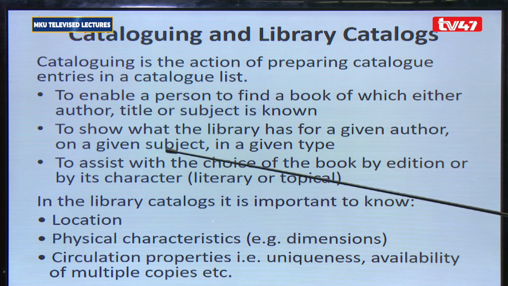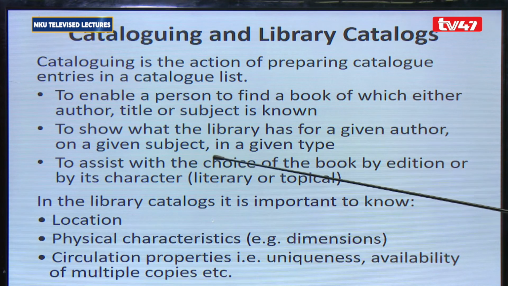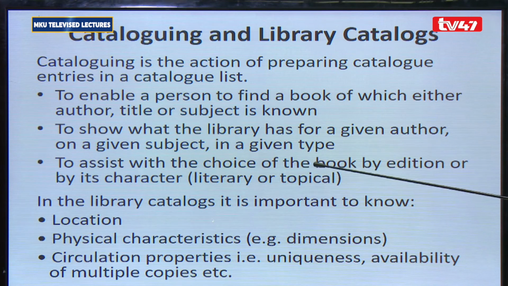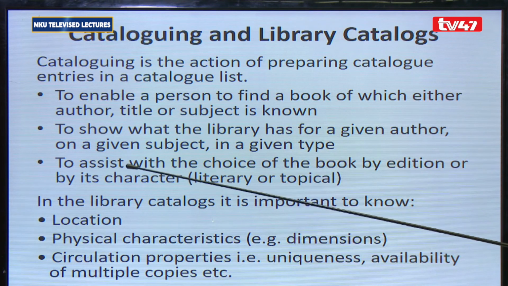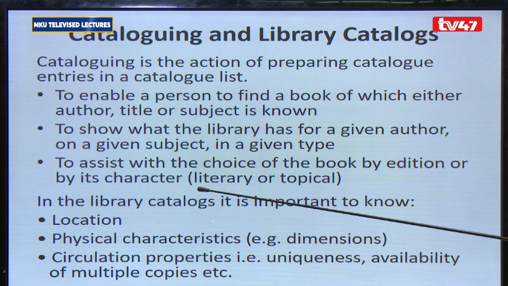Secondly, it is done to show what the library has for a given author on a given subject in a given type. Then thirdly, it is done to assist with the choice of the book by edition or by its character, literary or topical.